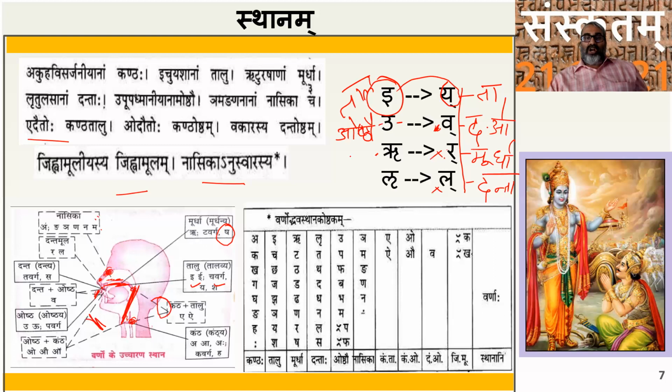Then raturashanam murdaha. Both of them belong to the same class. For ru, you will have ra, and for lru, la. So by this rule, the sadrishatamaha adesha for i is ya, for u is va, for ru is ra, and for lru is la.